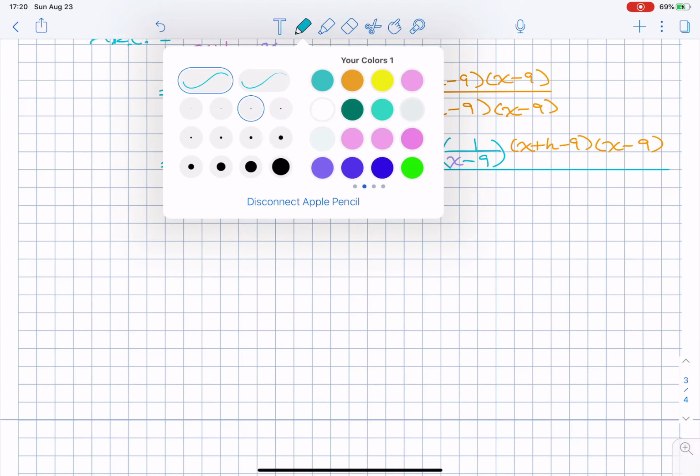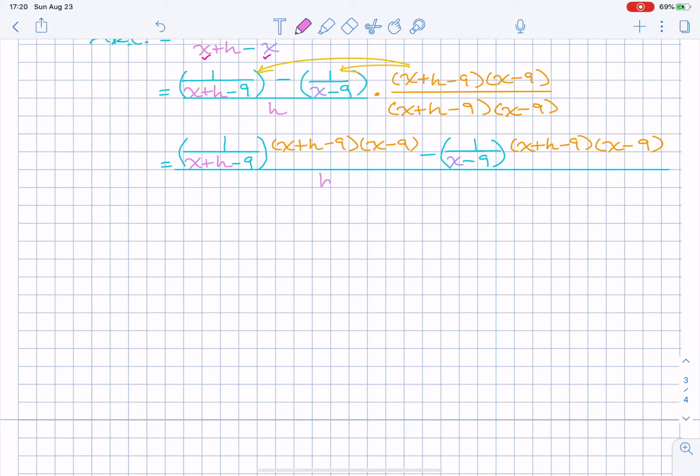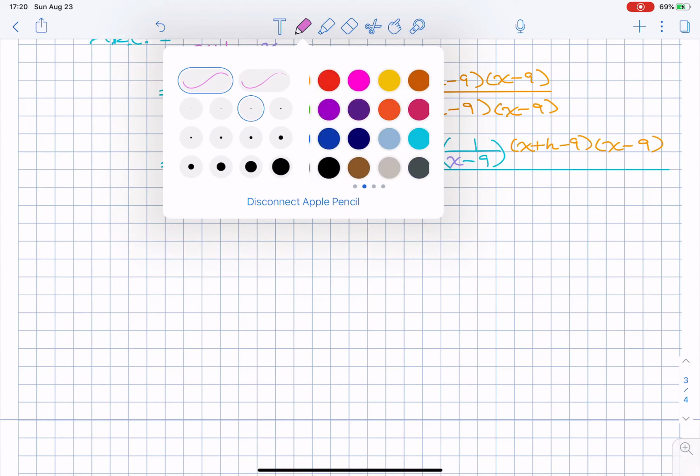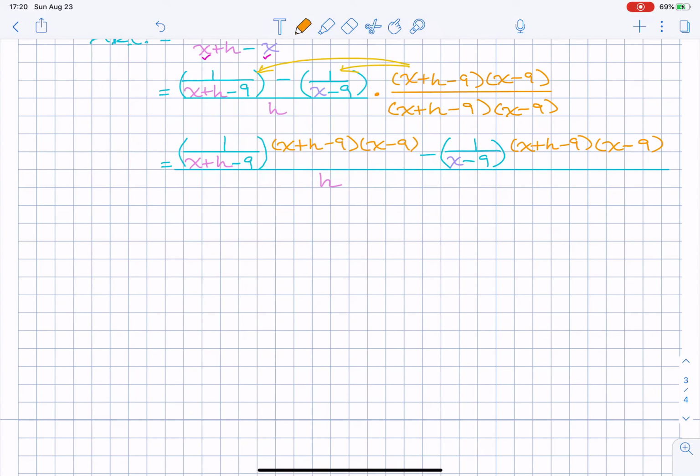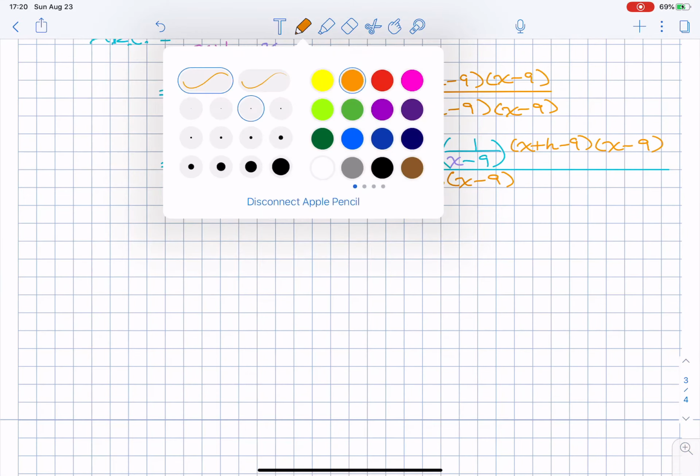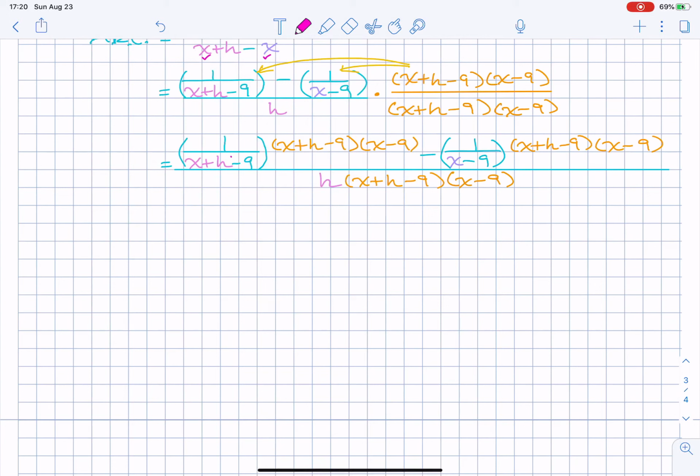So now I'll have h times orange guy, which is x plus h minus 9 times x minus 9. And you might say, why have you done this? Well, x plus h minus 9 reduces here, and x minus 9 reduces here.